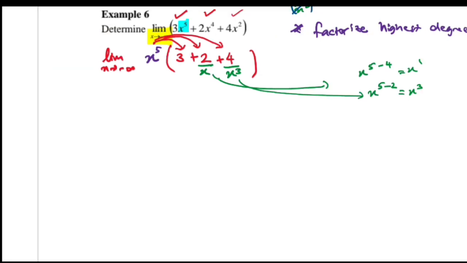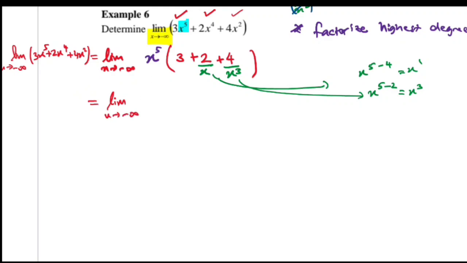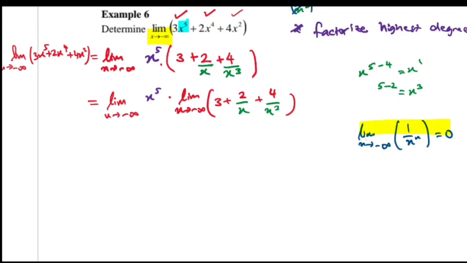Now, after you have factorized x power 5, you can use the property of limits and split this into two functions. So whenever we have functions multiplied together, we can also split it into two limits multiplied together. Remember, you can apply the theorem whenever you see 1 over or a number over x or x power n, then the value of the limit will equal 0.